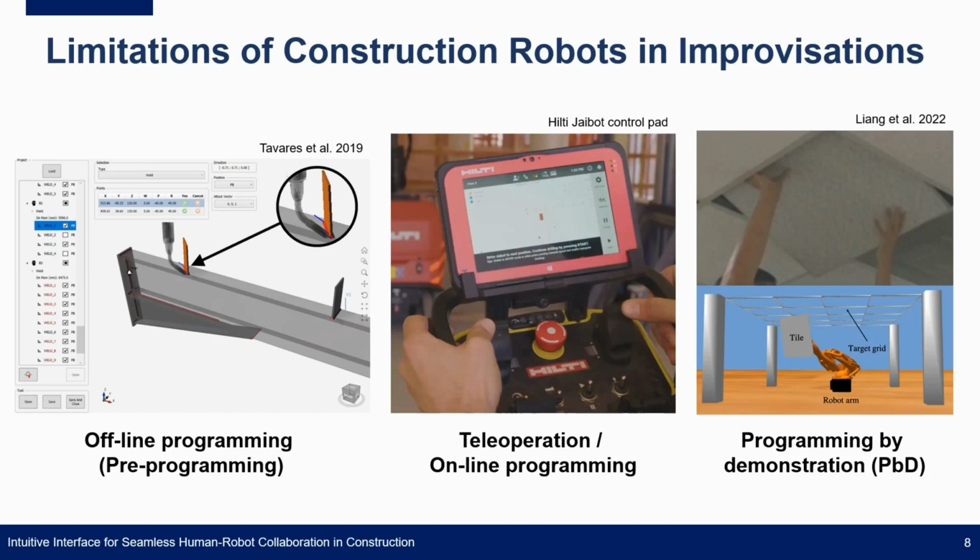The operators give pre-instructions, and then the robots just follow the instructions sequentially. The problem is that these methods struggle to express real-time information on the construction site, which means they cannot address such in-situ variations.